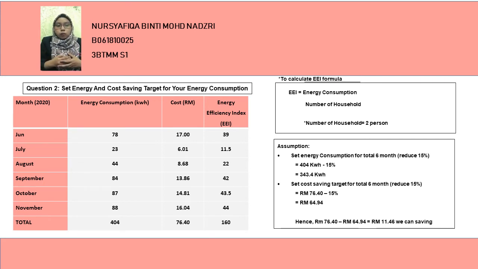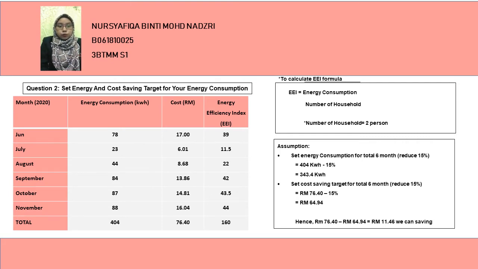The number of households in that house is only 2, so for June, we see the energy consumption is 78 and divide by 2, so we will get 39. And July, same, we take the energy consumption of 23 kilowatt and divide by 2, so we will get 11.5. The total energy efficiency index in those 6 months is 160.